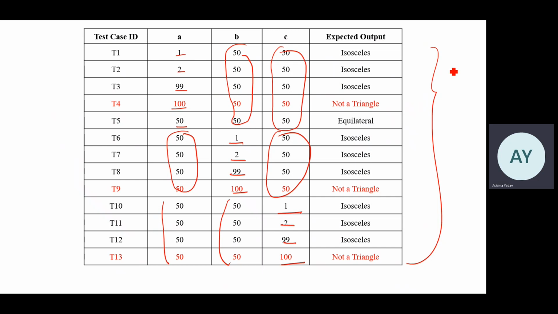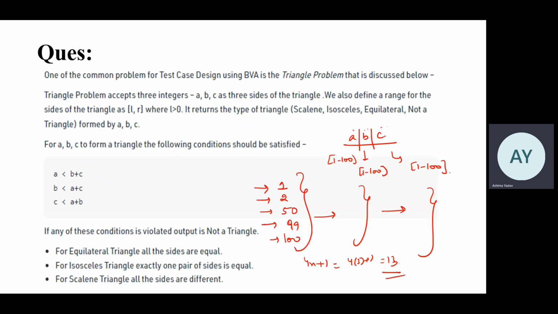And now the question says that the function should output the type of triangle, whether it is scalene, isosceles, equilateral or not a triangle. For not a triangle, you could recall that a valid triangle is formed if the sum of two sides is always greater than the third side.